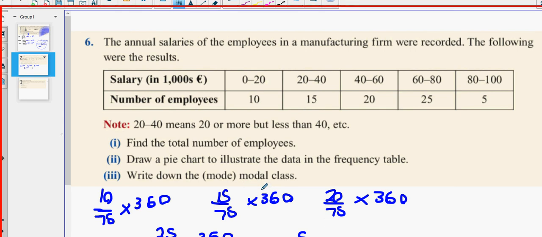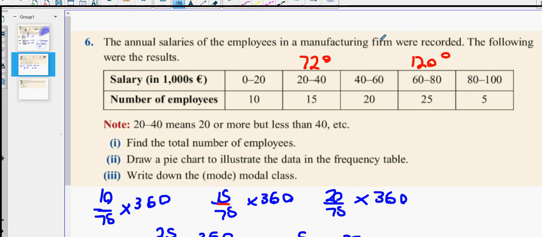Now, I think I can do some of these in my head. I'll give them a crack. I reckon the 15 is a fifth. A fifth of 360 is 72 degrees. I reckon this one's a third. A third of 360 is 120 degrees. That's 2 down. That's 1/15, 24 degrees.